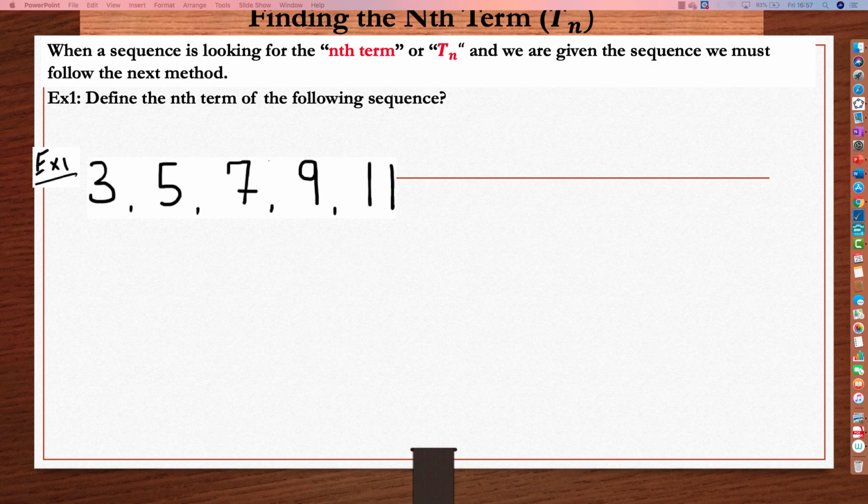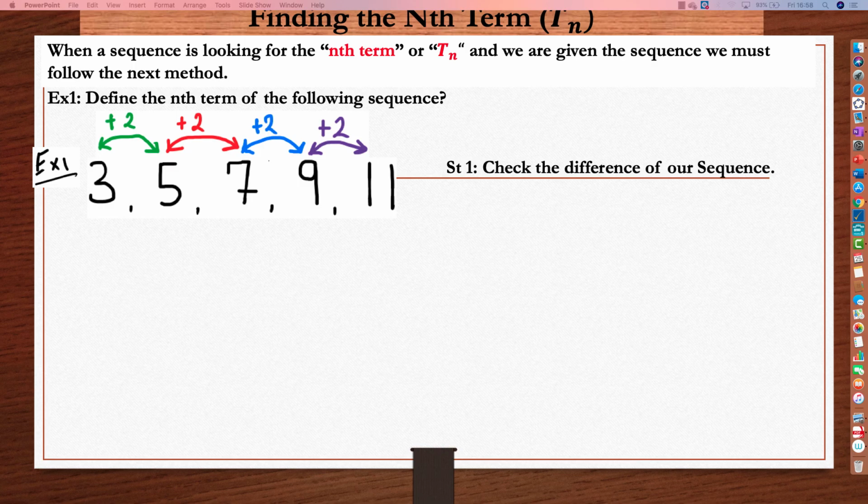This time they give us the numbers, but they don't tell us what the rule is. So this time we're looking to find the rule. So the first thing we must do is figure out what the difference is. So anyone know what the difference is between all our 2? Exactly. The difference between each one of our ones is 2.